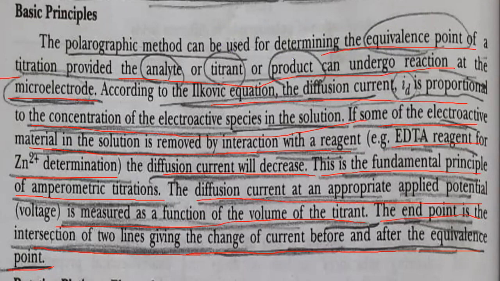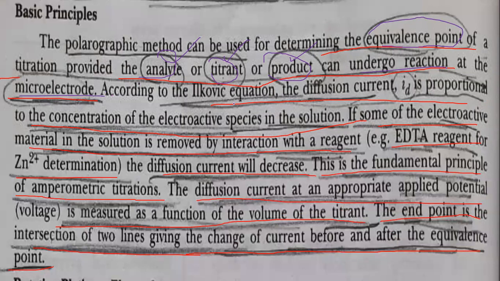The polarographic method can be used for determining the equivalence point of a titration, provided the analyte, the titrant, or the product can undergo reaction at the microelectrode.